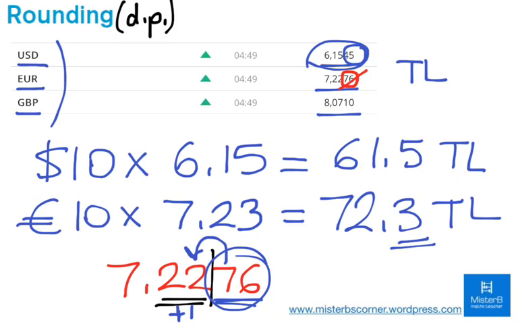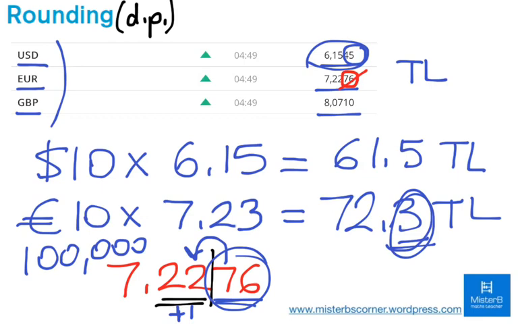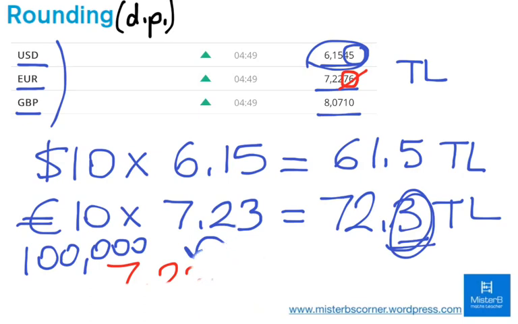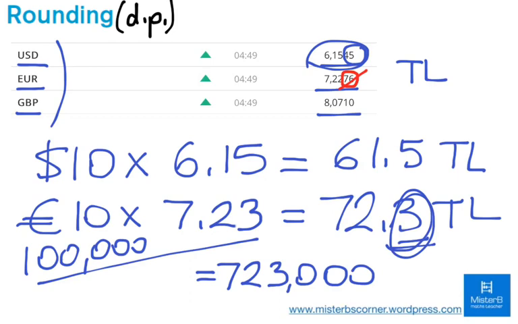But if you were to have 100,000 euros instead, then this will be a huge amount, so it is very important. Then what I would get in TL would be 100,000 times 7.23, which is 723,000 TL.